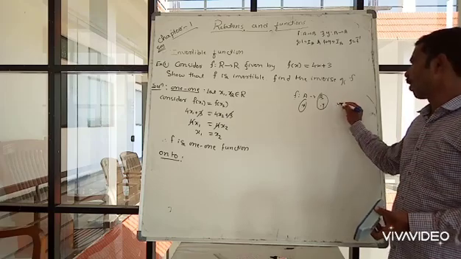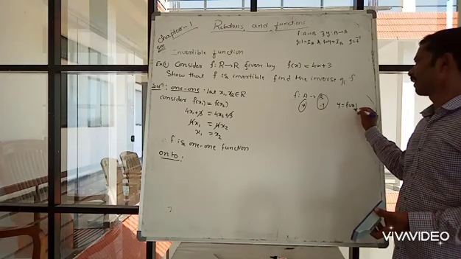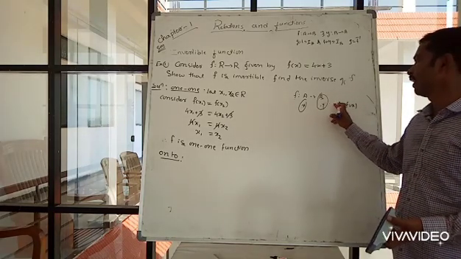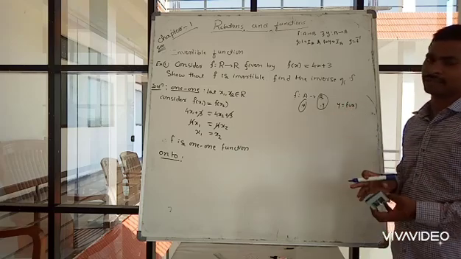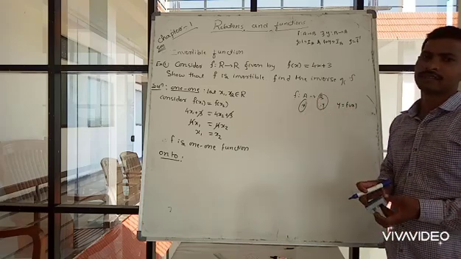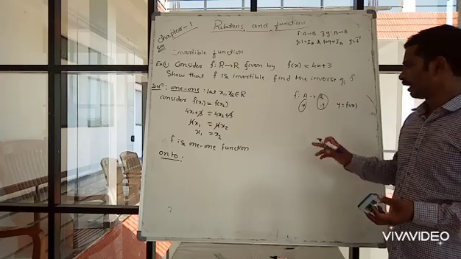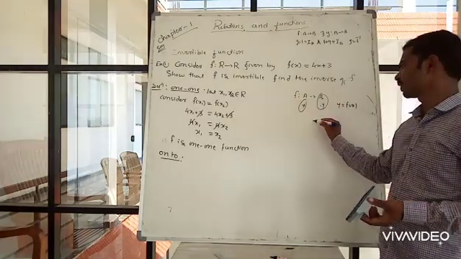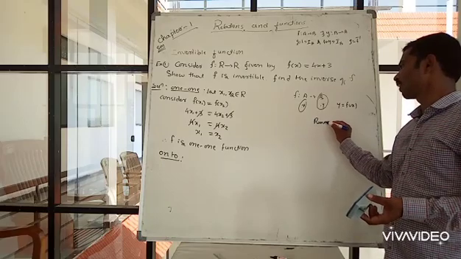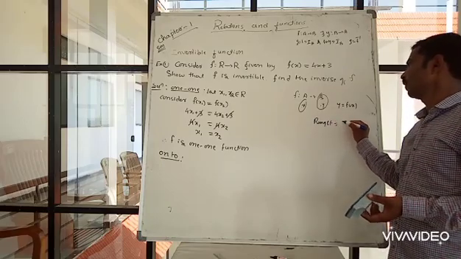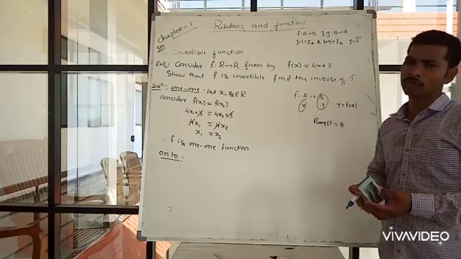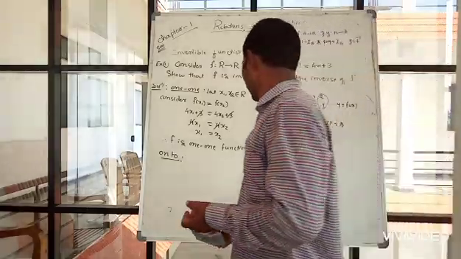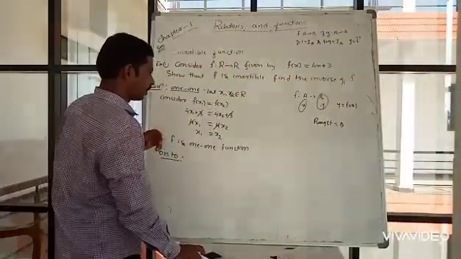It means that y is equal to f of x. If this condition is satisfied, then that function is called onto. Or one more condition: the range of f must be equal to the codomain B. Then also you say that the given function is onto.